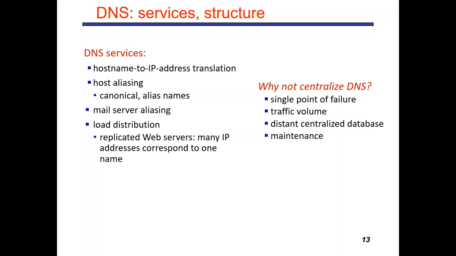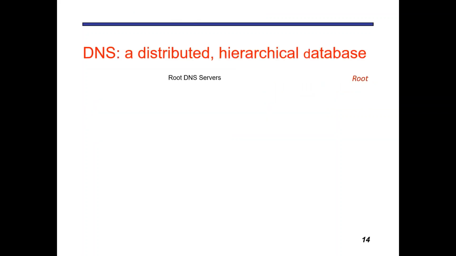So if you are sitting in, for example, Russia, you'll be accessing a DNS server there in Russia rather than a centralized DNS. So the queries will not take much time to travel across the world and then get the reply. These are some of the reasons why we cannot have a centralized database.